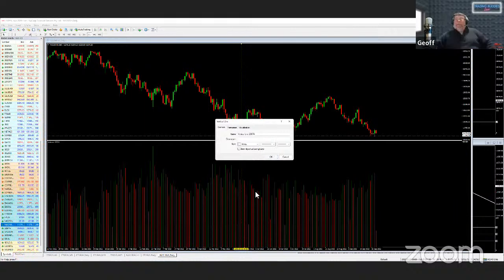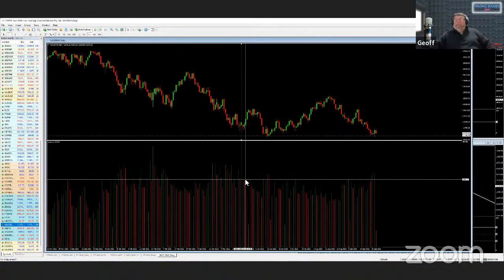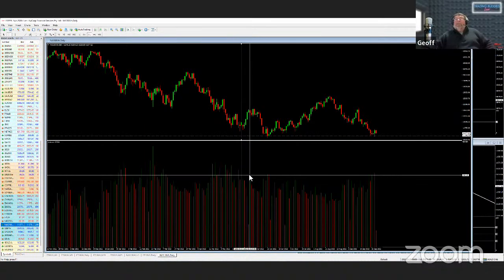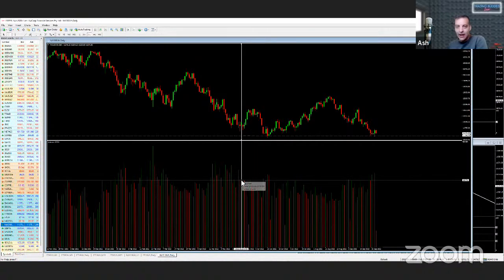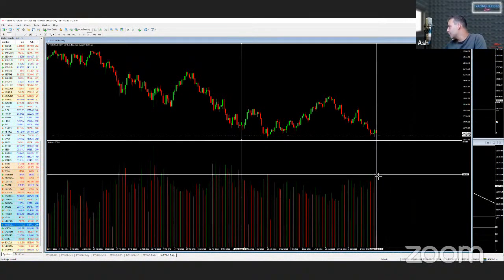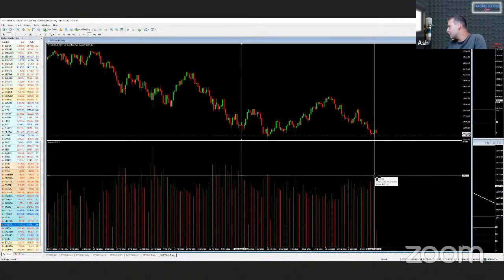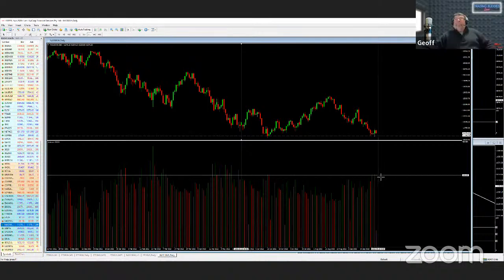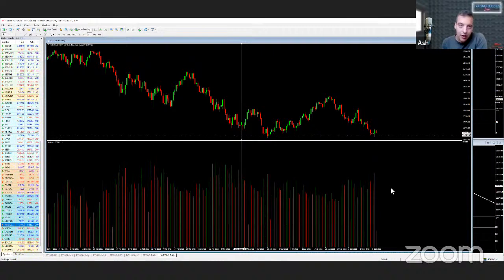You've got to expect a certain amount of buying there because it is at that support level. You know what, mate? That is an extreme level. If you look at the last 90 days on the volume, then this is the highest volume of the last 90 days. Okay. So that does suggest that the NASDAQ is going to pop higher.